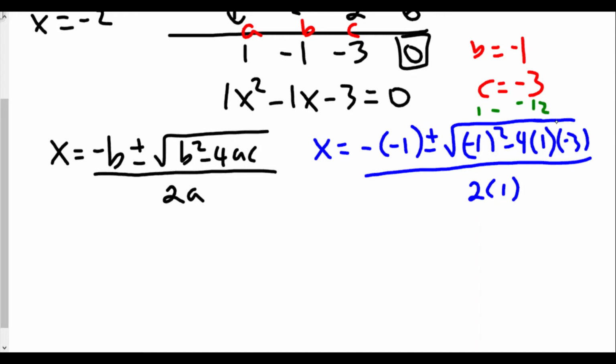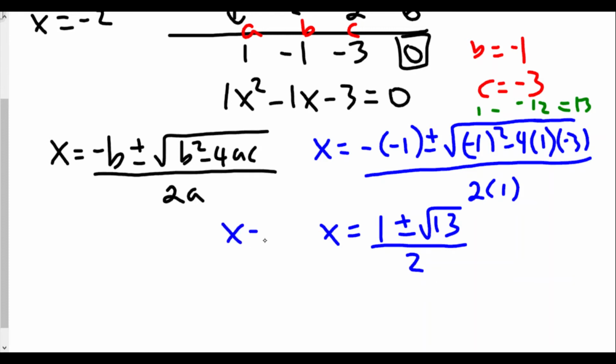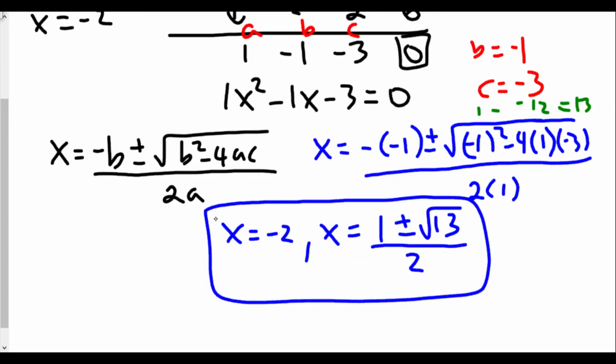So 1 minus negative 12 is equal to 13. So x is equal to 1 plus or minus the square root of 13, over 2. That's two roots: 1 plus the square root of 13 over 2, and 1 minus the square root of 13 over 2. And the other root is x equals negative 2. So these are the roots of our polynomial.